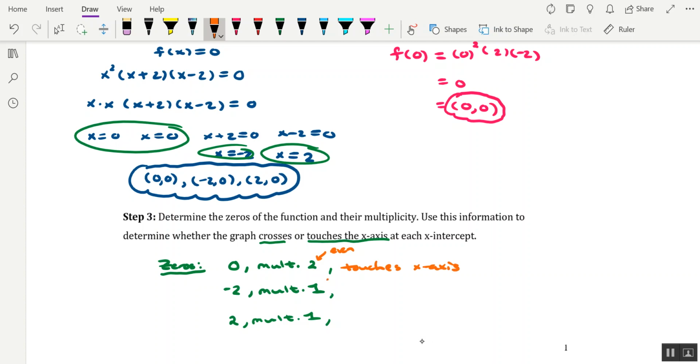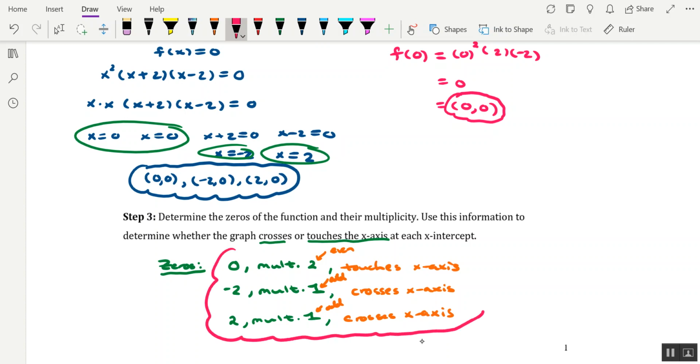And any zeros of odd multiplicity, such as -2 and +2, will cause the graph to cross the x-axis. All right, and that's how you take care of step 3.